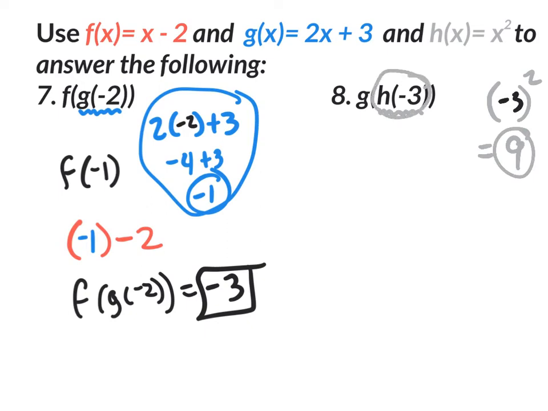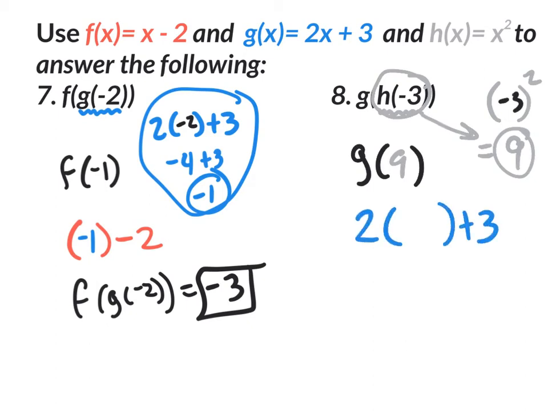So I'm going to rewrite this as g of 9. And I need to work this out. We know that the g function is in blue, so that's really 2 times parentheses plus 3, and we are plugging in that 9 that we just got. So we end up with 2 times 9, which is 18, plus 3, which is 21.